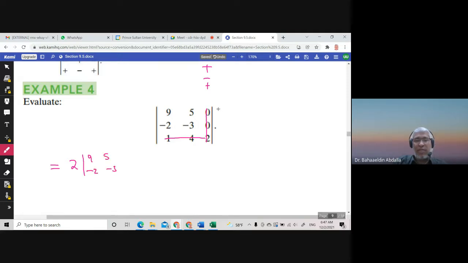So immediately this determinant would be equal to this. And this is 2 times negative 3 times 9 is negative 27, minus negative 2 times 5 is negative 10. Then it is 2 times negative 27 plus 10, and that's negative 17 times 2. The answer is negative 34.